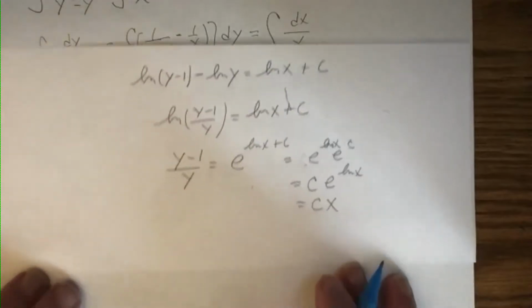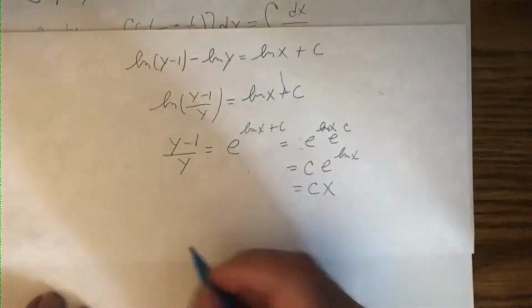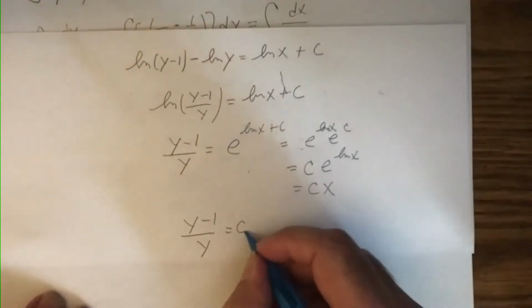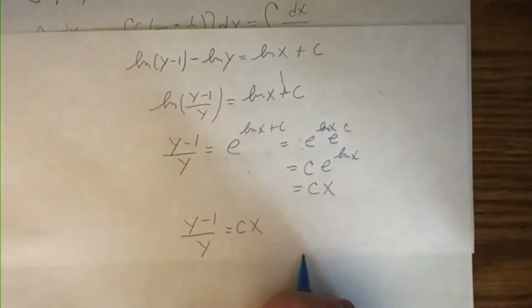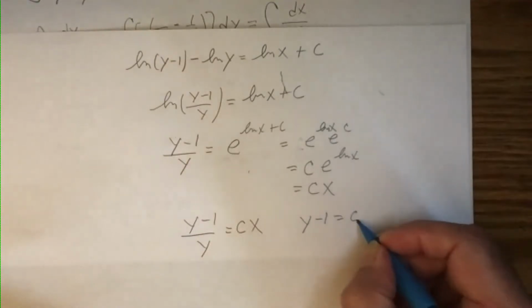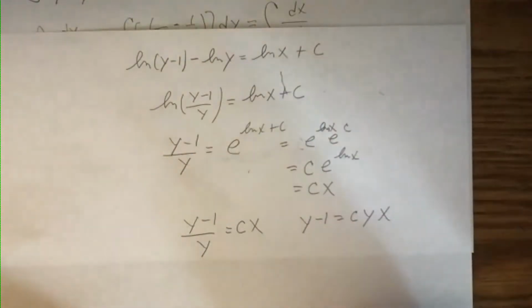So this is what I have now. I got y minus 1 divided by y is equal to c times x. I want to solve this for y. So I can write this as y minus 1 is equal to c times y times x.